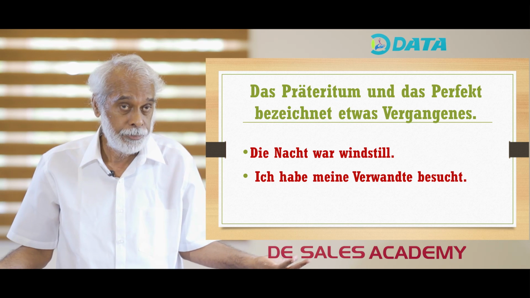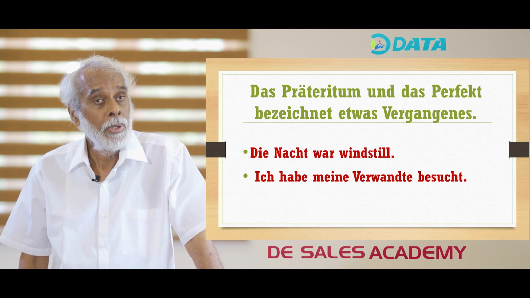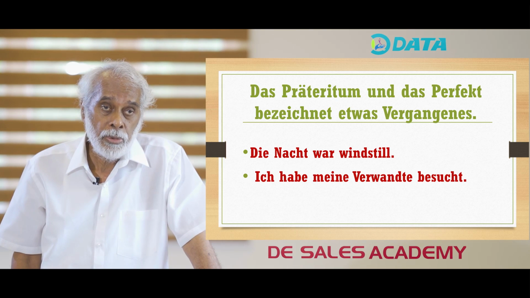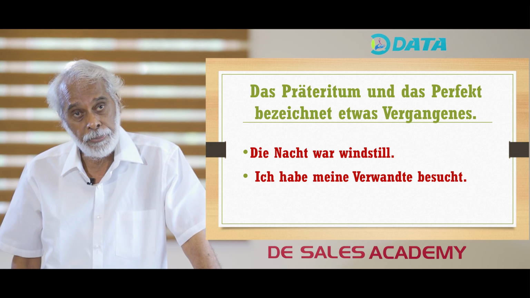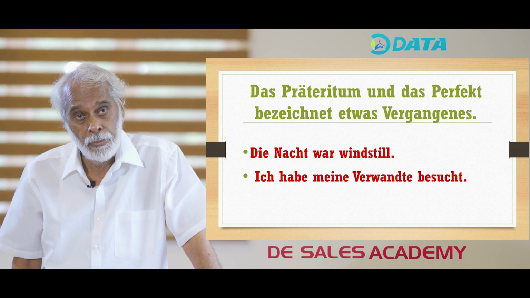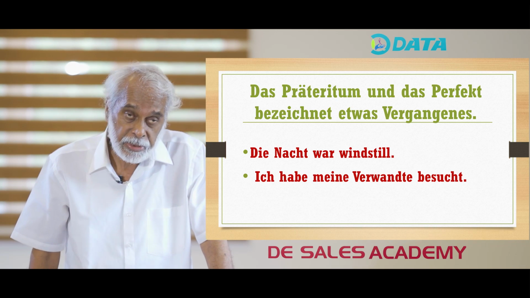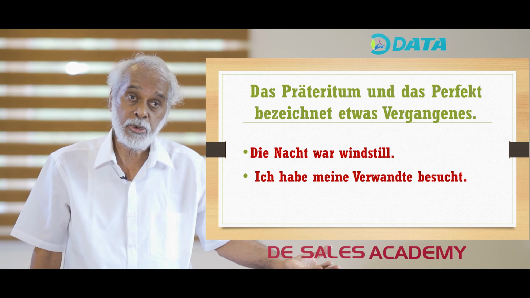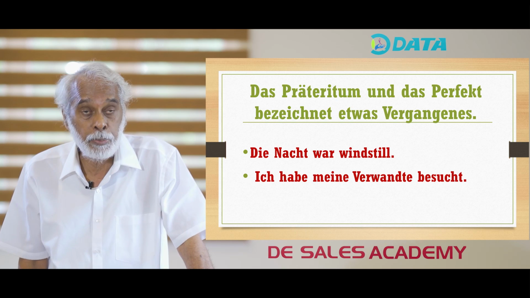I wouldn't know. But one thing I can tell you, Präteritum is mainly used in the geschriebene Sprache. And the perfect tense is used in the geschriebene Sprache and also in the gesprochenen Sprache.